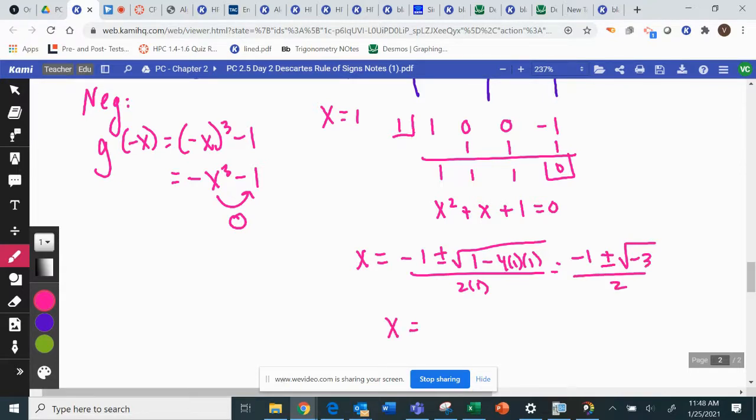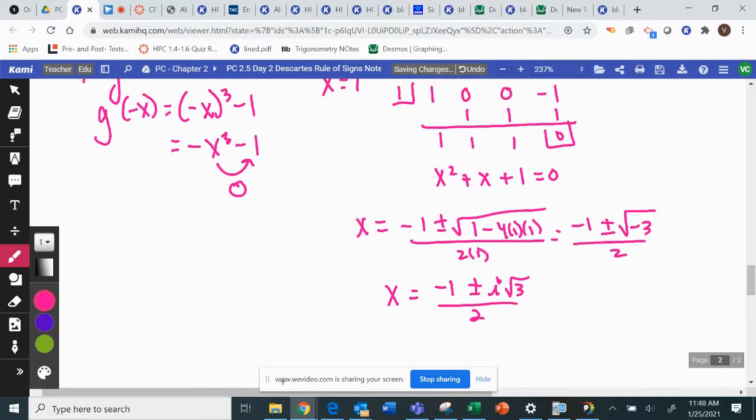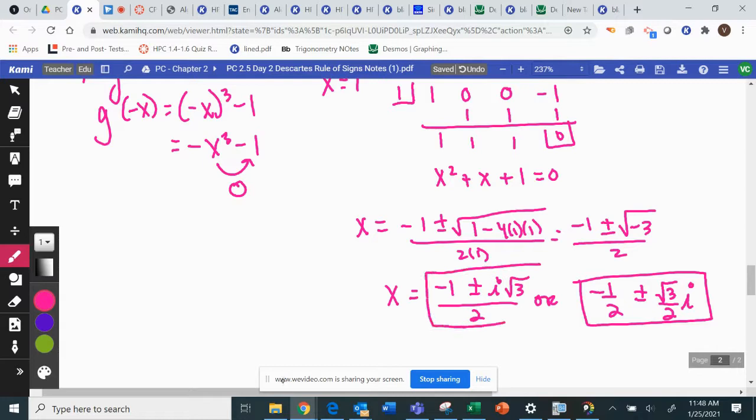So I get negative 1 plus or minus i square root 3 over 2. Or you could write it, some of you like to separate it, as negative 1/2 plus or minus square root 3 over 2, and then the i would be at the end of it.